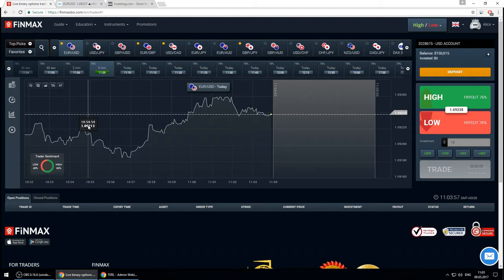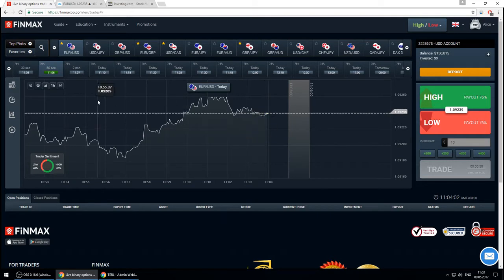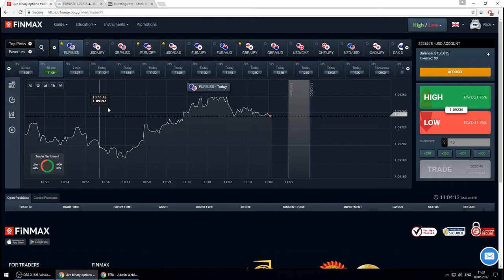Let's say you have 15 minutes to trade, and using these time frames you can open one trade after another and at the end receive really good results.